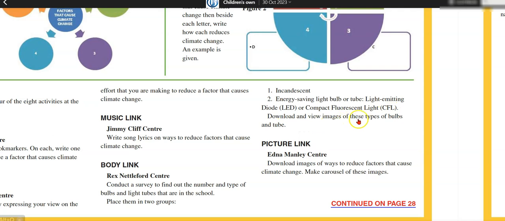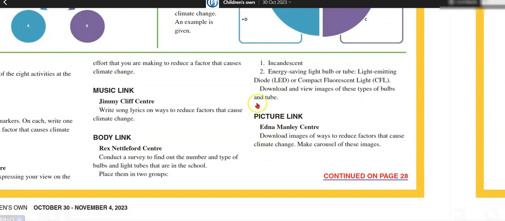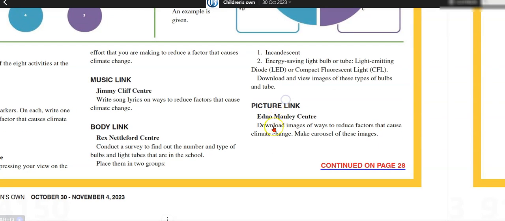Download and view images of these types of bulbs and tubes. All right, so again, we have the LED and the CFL, compact fluorescent lights, and we can see these in our classrooms. All right, so let's go to picture link. It says download images of the ways to reduce factors that cause climate change and make a carousel of these images.